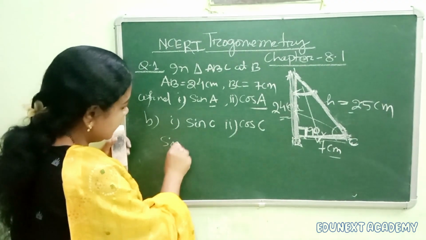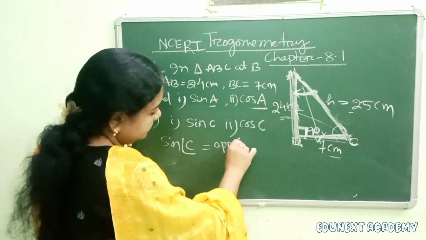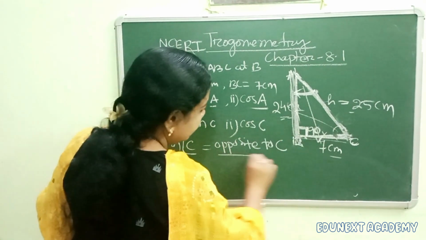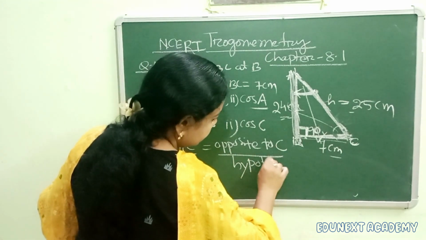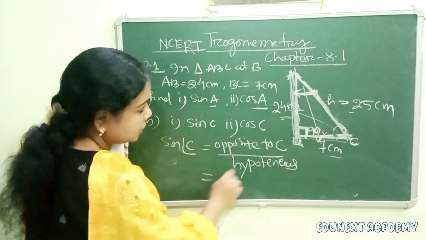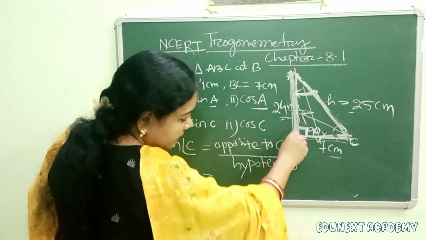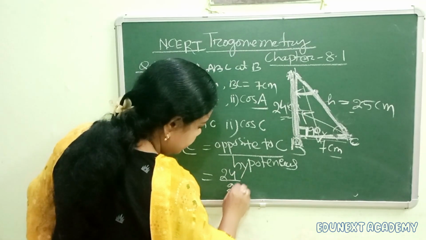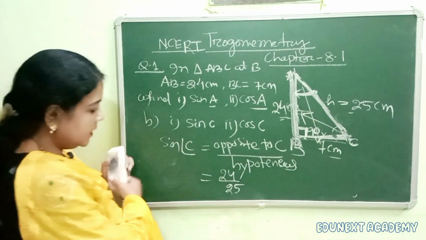Now, sin C is opposite to C divided by the hypotenuse. The opposite is 24, this is the opposite side AB. That means 24 by 25. Similarly, cos C.